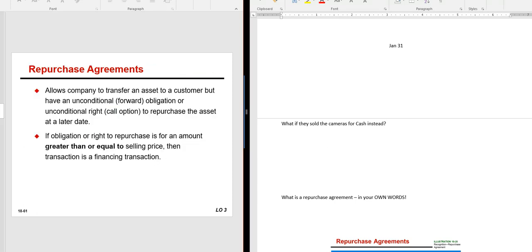Okay, what is a repurchase agreement? A repurchase agreement is basically a financing transaction. So let me ask you this. What if you needed some cash? And so I said, hey, I'll buy your car from you. Okay, I'm going to buy your car from you for $2,000. I'm going to take that car and put it in my garage, and I promise to not drive that car.